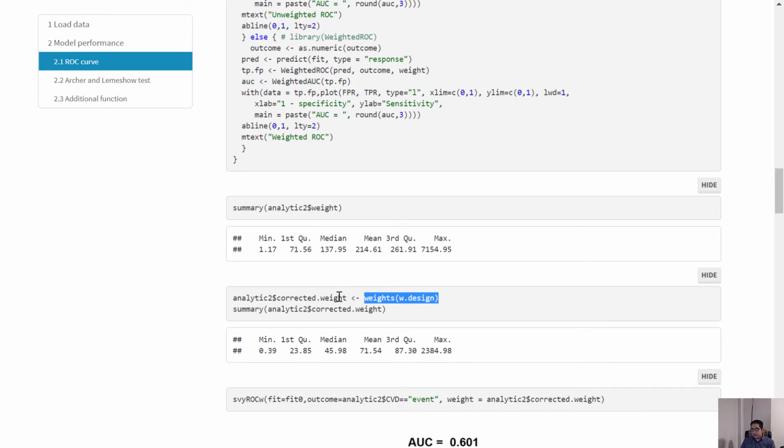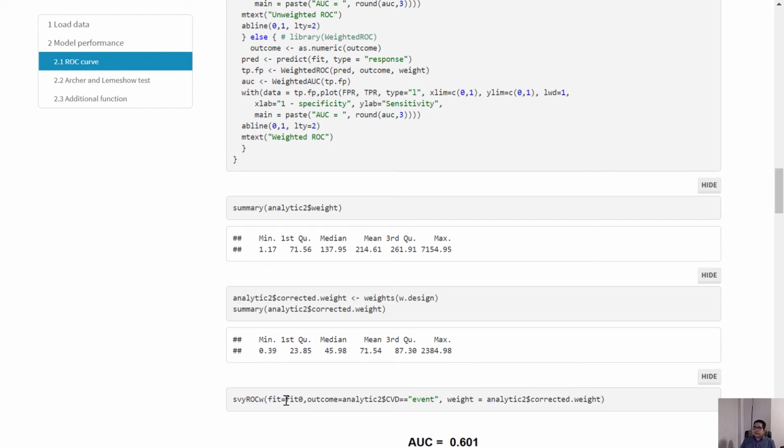Remember, we discussed this in the previous labs, and we incorporate them in our complete case data, because these corrected weights would be the better weights that should be considered in the modeling.